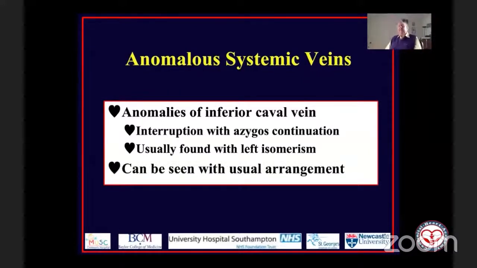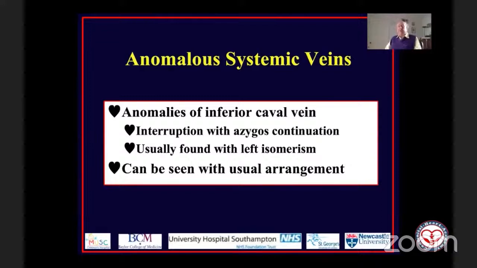But here, I should emphasize again that we can find azygous return of the inferior caval vein in the setting of usual atrial arrangement. Now, oftentimes we can also find that when the lungs are showing left isomerism, when there are multiple spleens, and when there's biliary atresia.